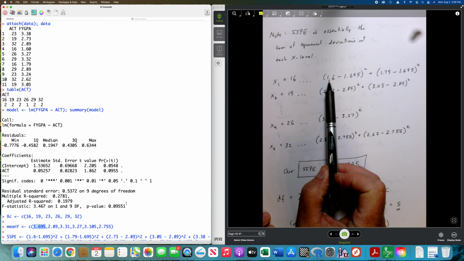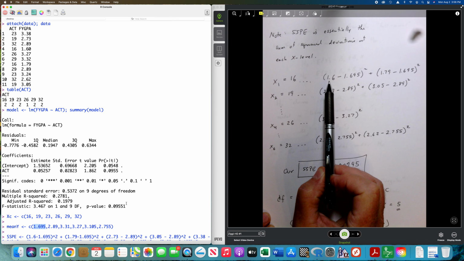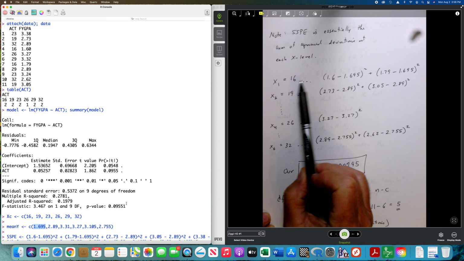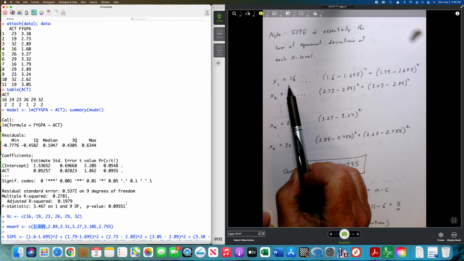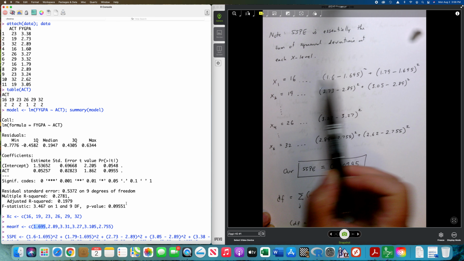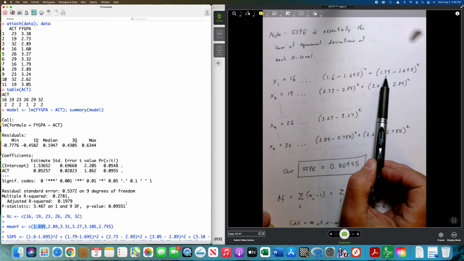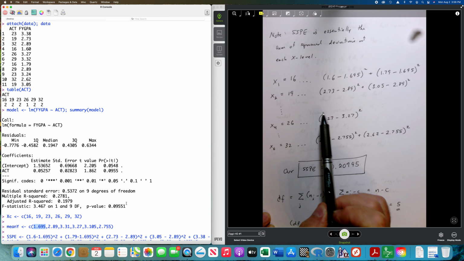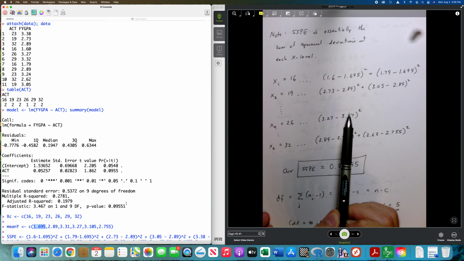So one of the GPAs at an ACT of 16 was 1.6. It is that far away from the mean for the ACTs of 16. And then we have another GPA of 1.79 minus the mean. So we're looking at the deviation squared.